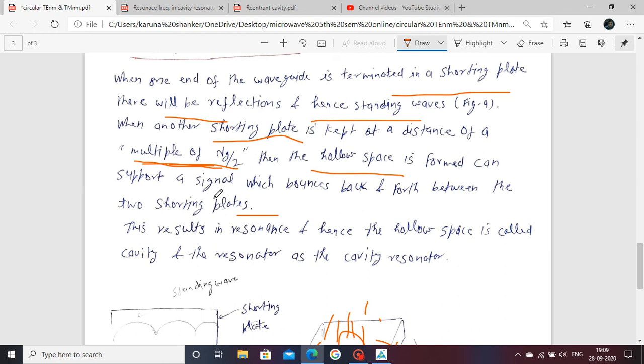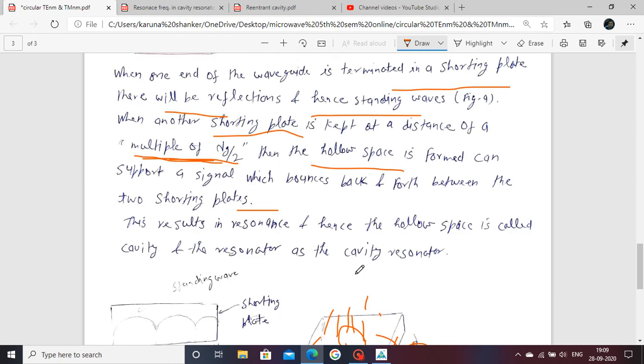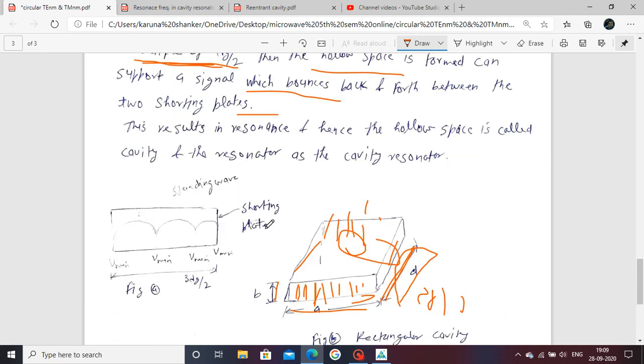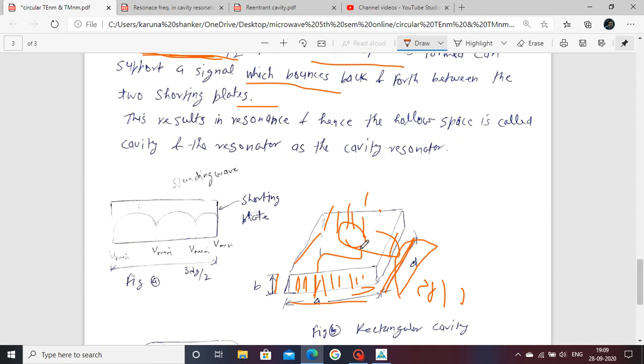What happens when the signal is inside the cavity resonator? The signal bounces back and forth between the two shorting plates. Inside, the wave bounces back and forth, a standing wave pattern is formed, and a particular frequency resonates.